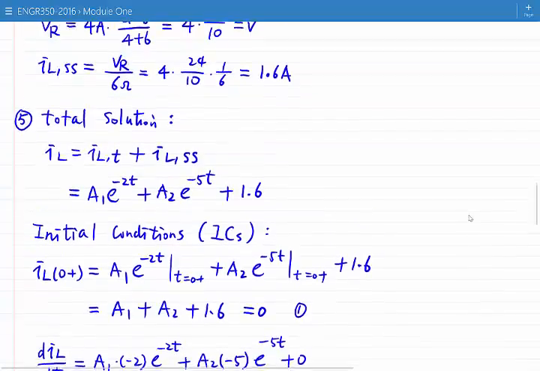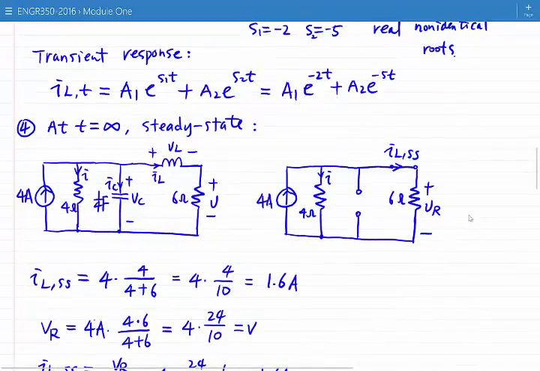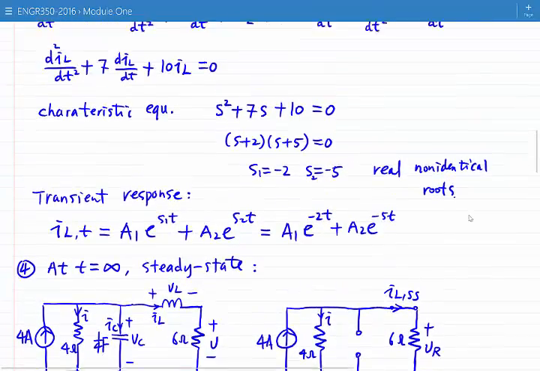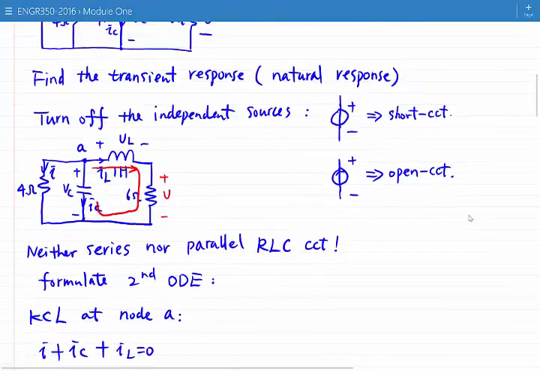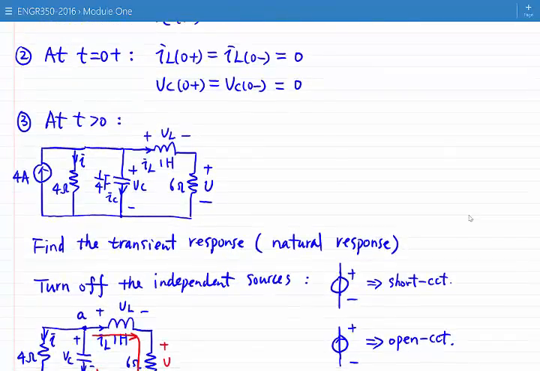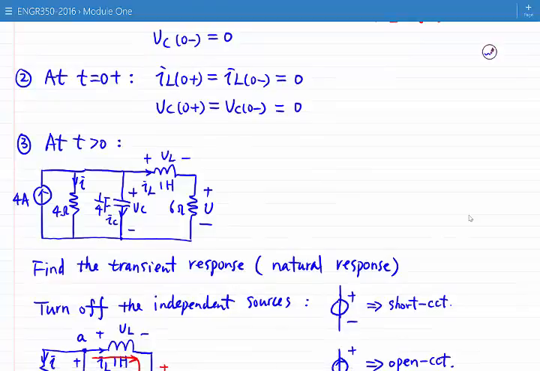So let's look at our circuit again. Let's go back to the very beginning. When t is larger than 0, what is dIL over dt at post 0 time? How do we find this? We can always use the inductor differential equation: L dIL over dt is equal to VL.